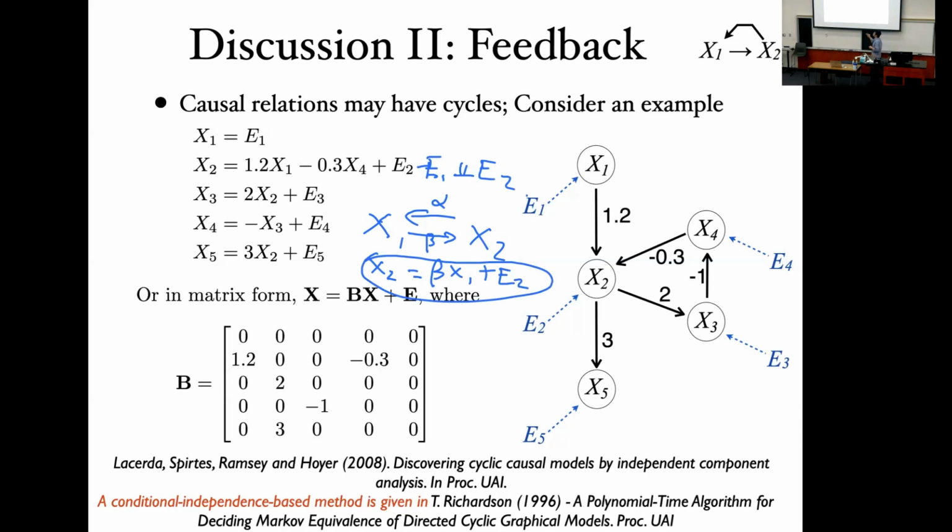The question is, do you think E2, the noise in X2, is independent from X1? In the previous case, yes, that's the independent noise condition. Noise should be independent from the parents or direct causes. If you have cycles, as you can see from here, do you think E2 and X1 can be independent?